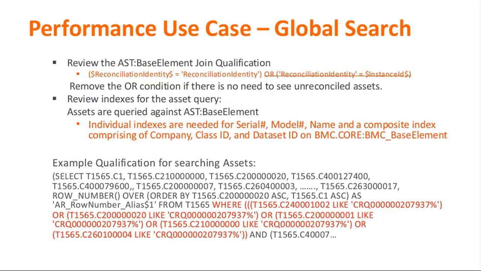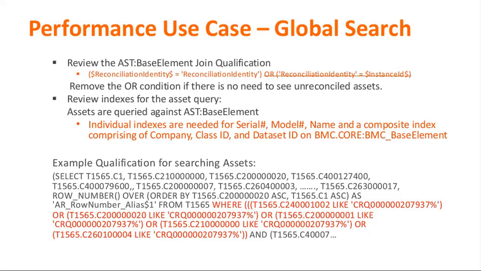The or part of the qualification can be eliminated if you do not care to return unreconciled assets, because it causes performance degradation. This has actually been fixed in one of the hot fixes in ITSM for performance benefits. If you're using the latest hot fix or patch, you probably already have it in place. But if you're experiencing slowness in retrieving asset records, review this qualification.